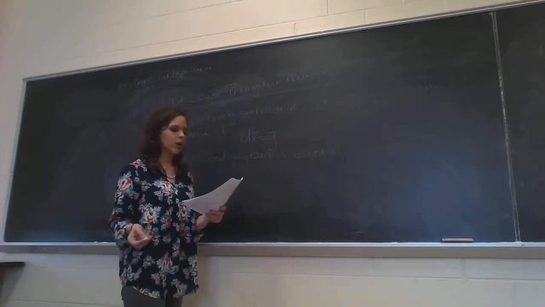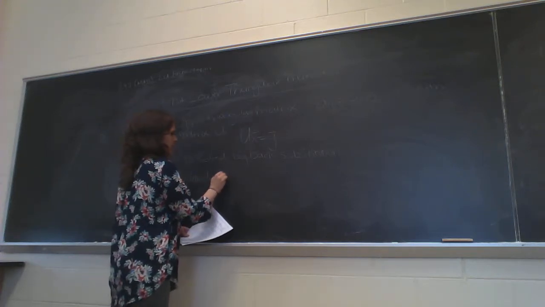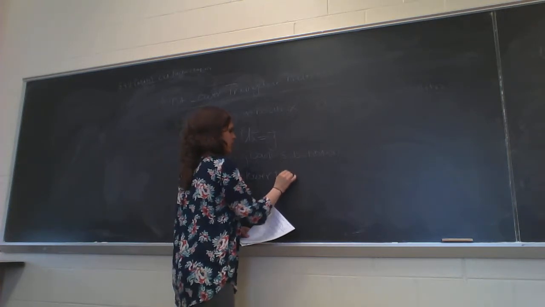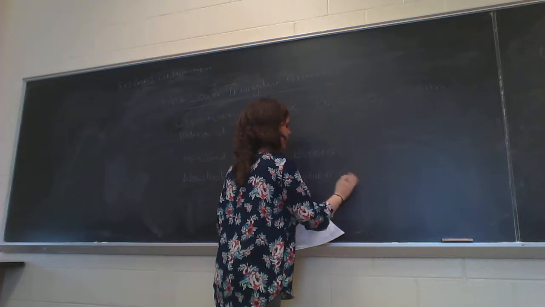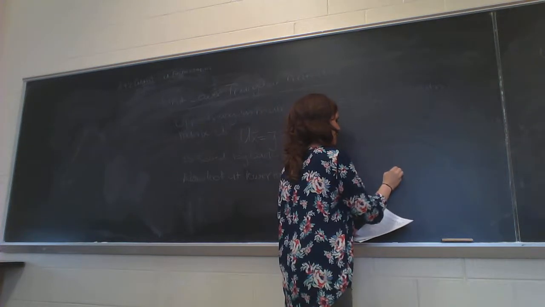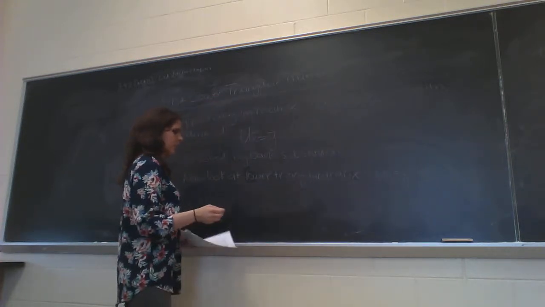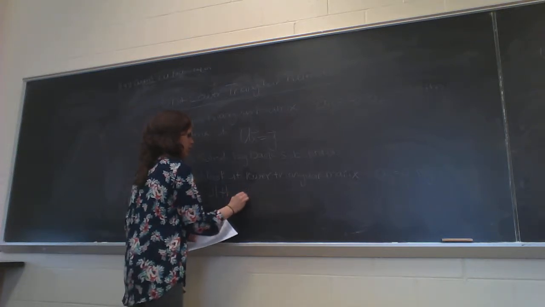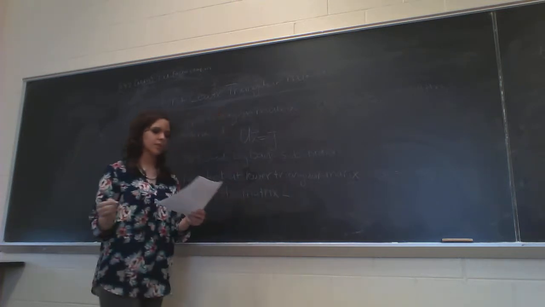So now we look at the lower triangular matrix, where Aij equals 0 if I is less than J, and we're going to call this matrix L, because it's a lower triangular matrix.